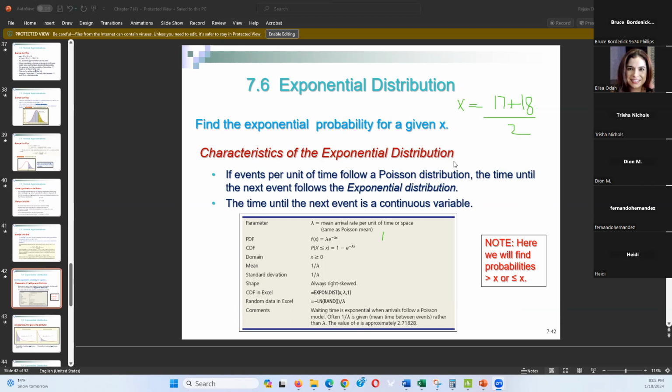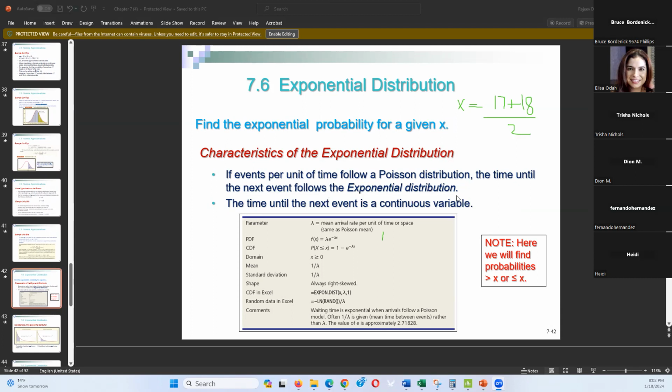Now, after that, the exponential distribution. This is widely applicable in rare situations like earthquakes. Basically, it is a special case of the Poisson distribution. If events per unit time follow a Poisson distribution, the time until the next event follows the exponential distribution.